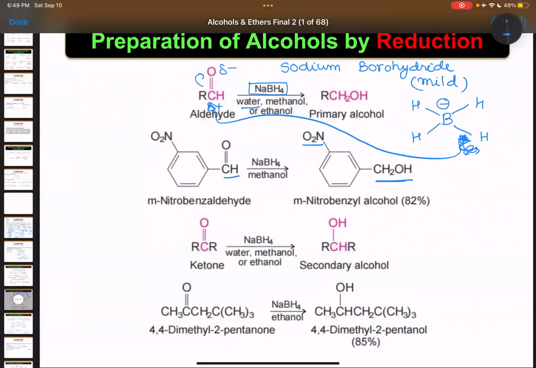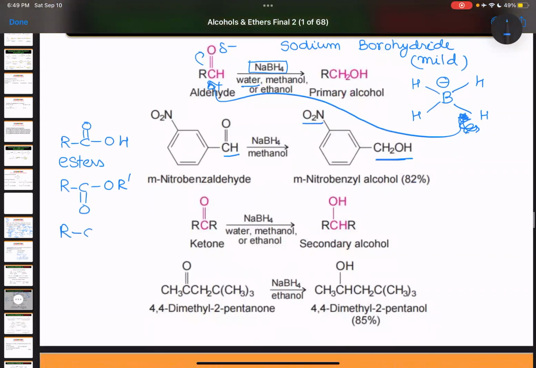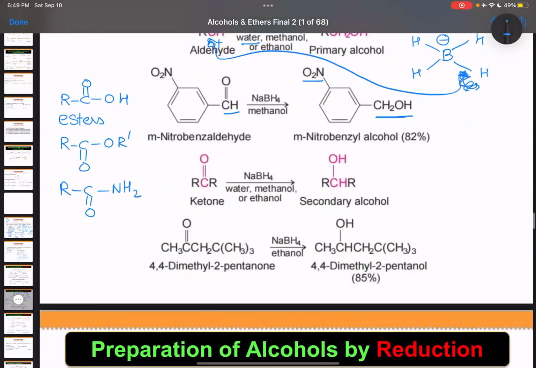Okay, same thing. But other functional groups like carboxylic acids, or esters, amides are not reduced. Esters are RCOOR', amide is RCONH2, anhydrides are RCOOCOR.